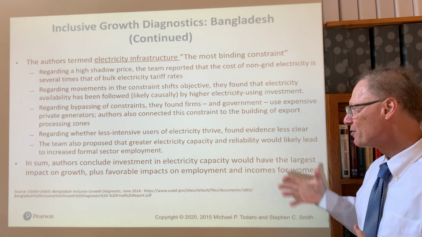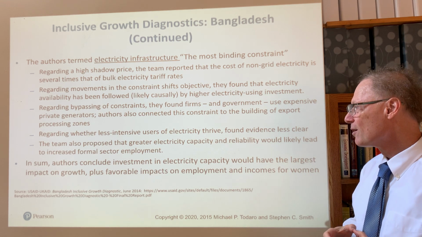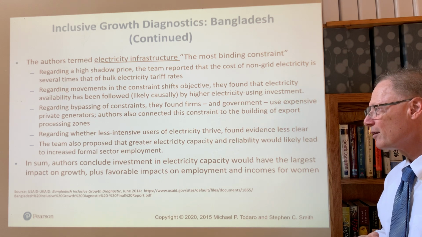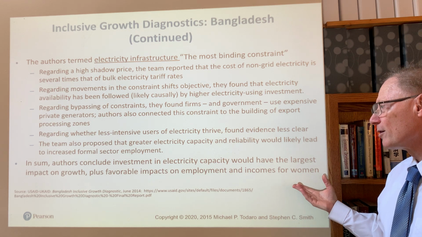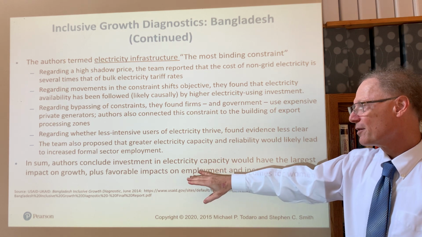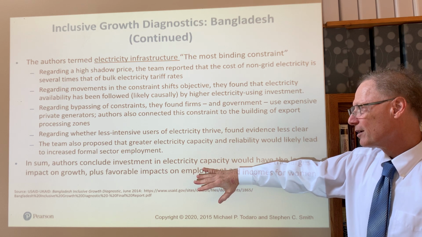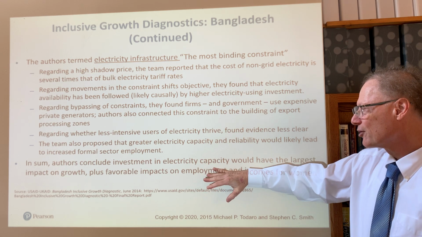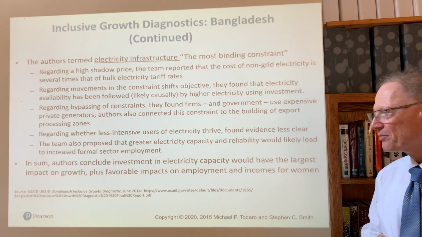The team also proposed that greater electricity capacity and reliability could lead to more formal sector employment, including in the ready-made garments sector. So overall, to conclude, the authors find the constraint is that firms don't have enough electricity access and reliable access, and so that electricity capacity investment would have the largest impact on growth.